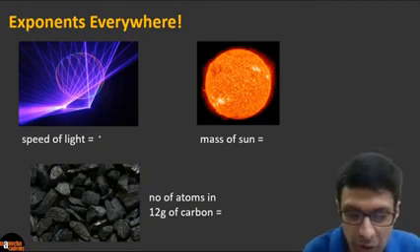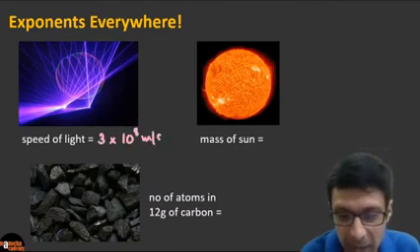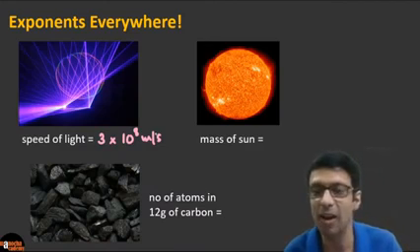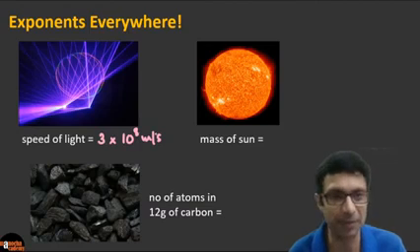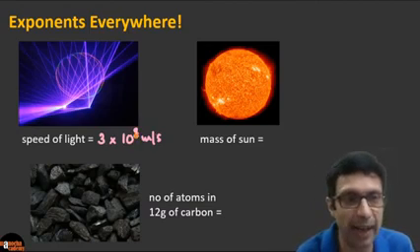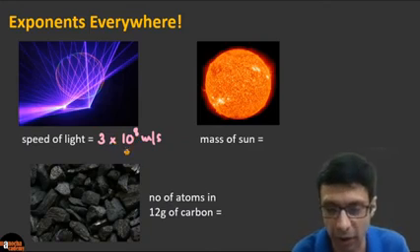You guys know that it's 3 into 10 to the power 8 meter per second. Right, guys? Very good. Okay. So guys, can you see that exponent there? 10 to the power 8. Because exponent, you know, it means the powers, which we are going to be talking about.